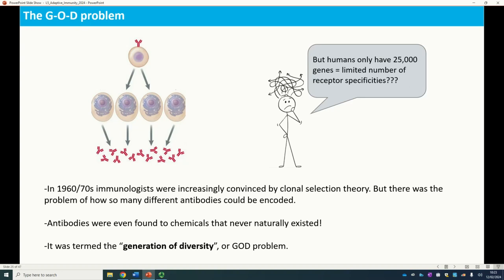This would give us a limited number of receptor specificities if you think about it. We've got a set number of genes. How can we make so many unique antigen receptors? Because in our bodies, we will have antibodies against chemicals that don't even naturally exist. So that's kind of a bit of a unique situation.